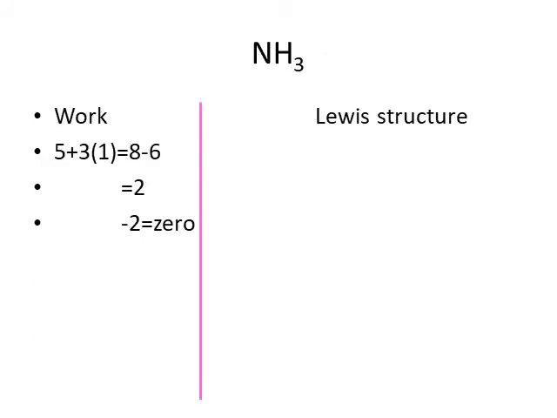The last example is the ammonia molecule, NH3, where the nitrogen atom is the central atom that has 5 electrons in its outermost energy level, and 3 hydrogen atoms each contain 1 electron in their outermost energy level. So the total number of electrons becomes 8.